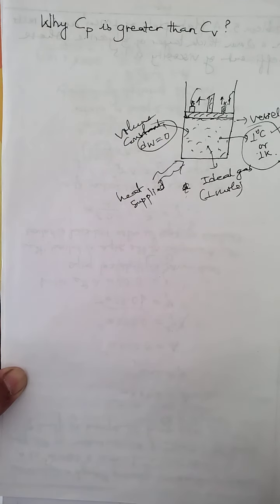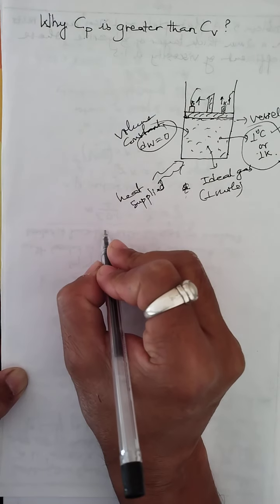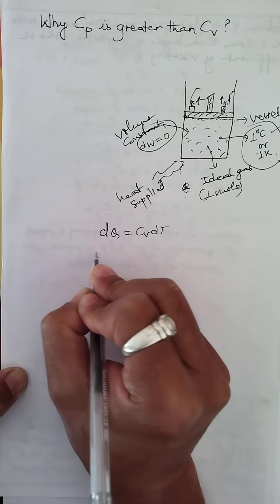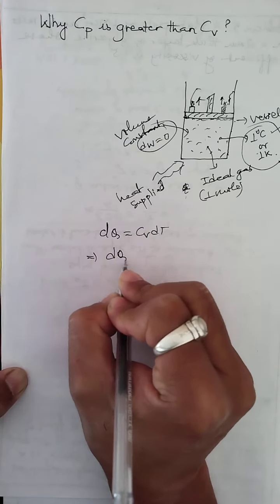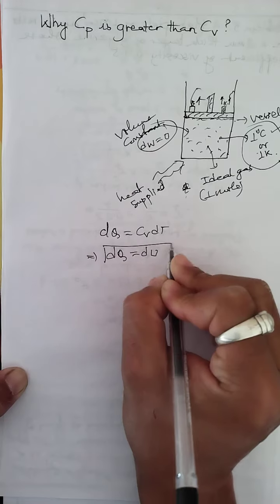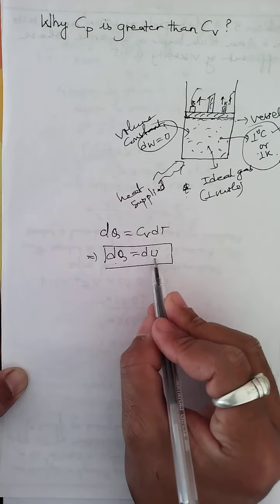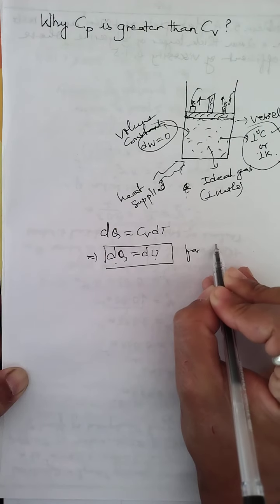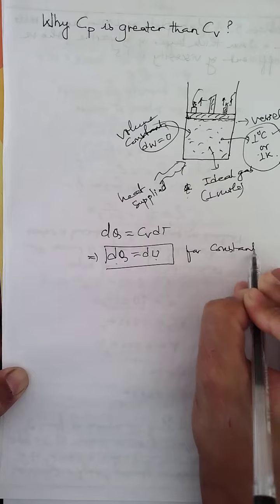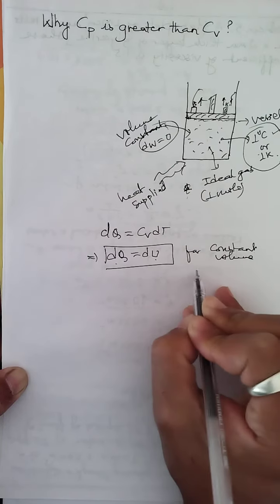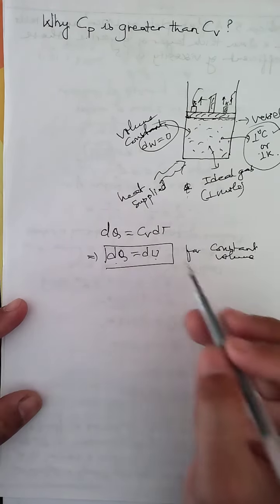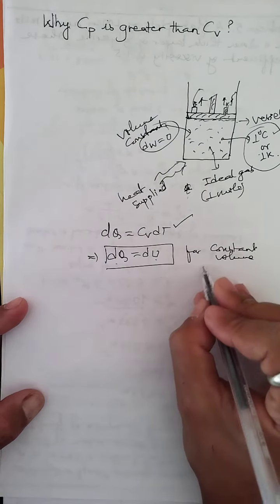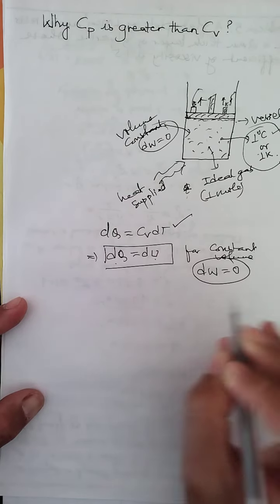Because as per the relation I write dq equals Cv dT, but dq is also equal to dU, as we have learned already. dq equals dU is true for constant volume, because in constant volume, whatever heat is supplied to the gas is used to increase the internal energy of the gas. So the temperature is raised by 1 degree Celsius without any work done by the gas.